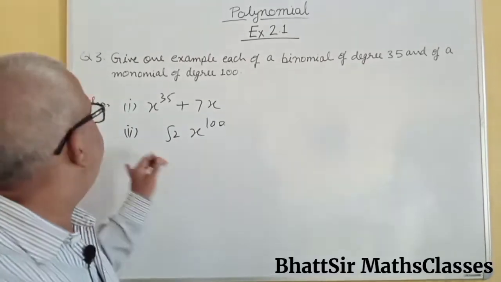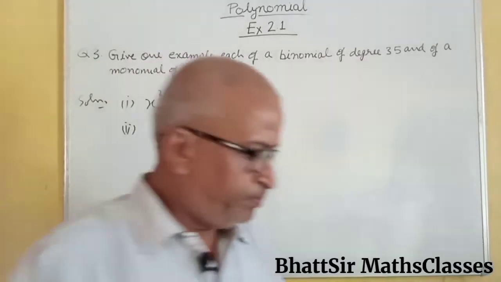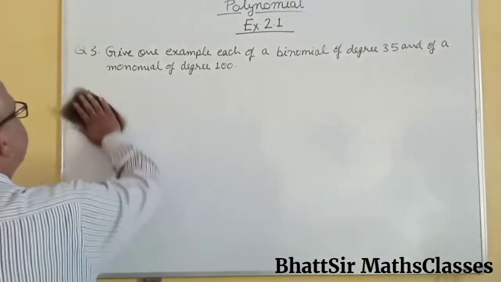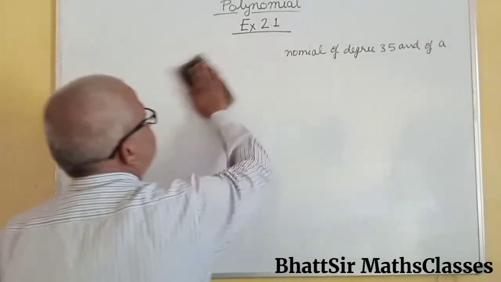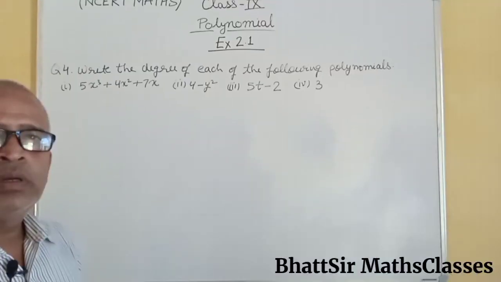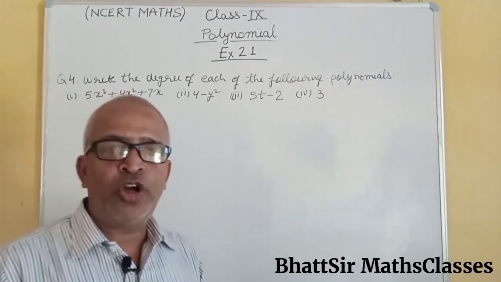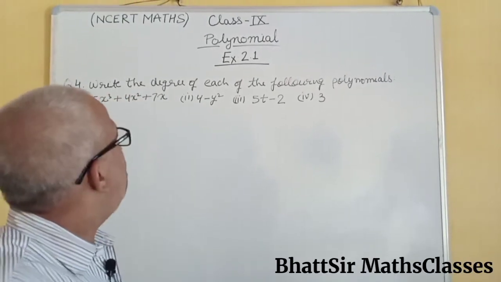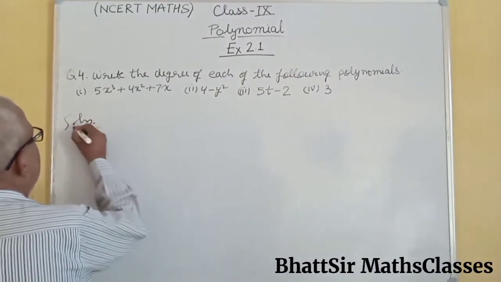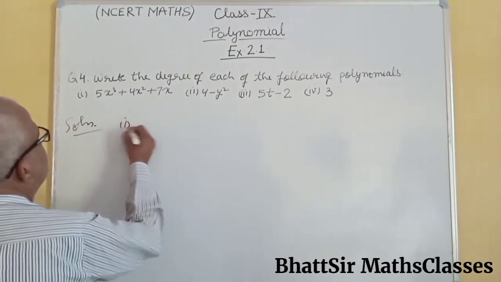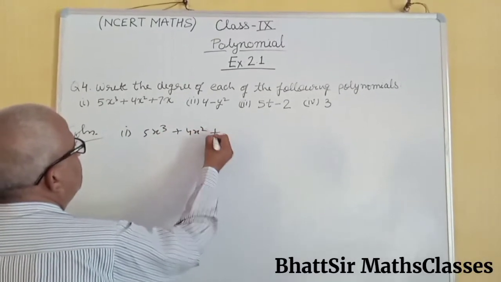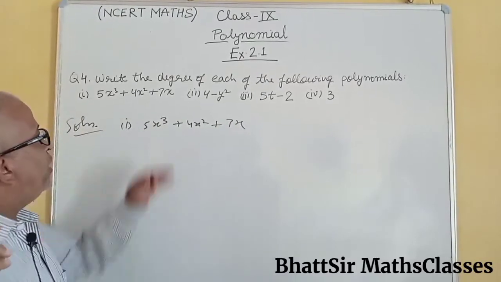Now I am attending question number 4 of exercise 2.1, chapter polynomials. First part: 5x cube plus 4x square plus 7x. What do we mean by degree?